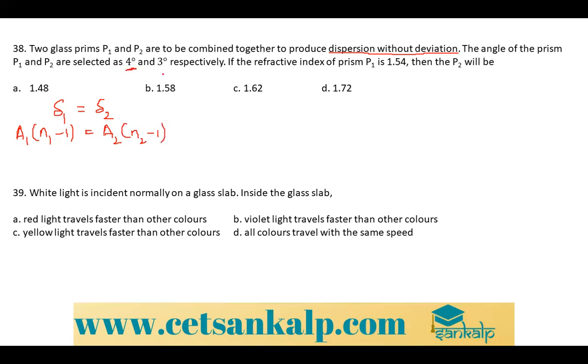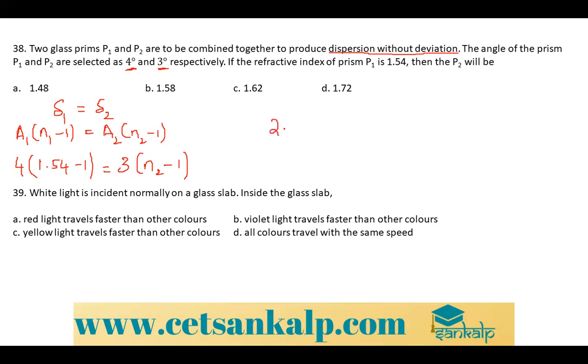They have given a1 is 4, a2 is 3, so 4 into (n1 minus 1), with n1 given as 1.54, is equal to 3 into (n2 minus 1). We have to solve this. 1.54 minus 1 is 0.54, and 0.54 into 4 is 2.16.